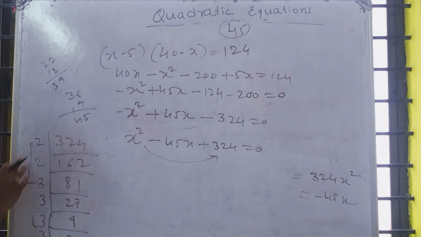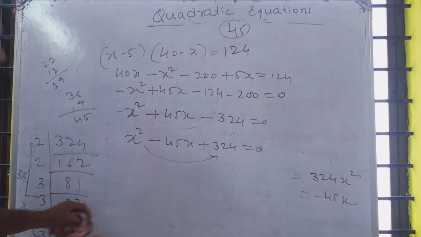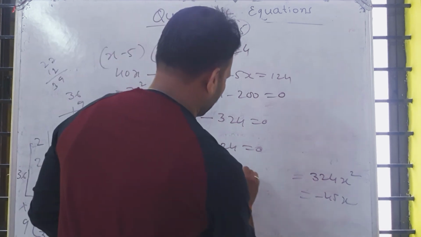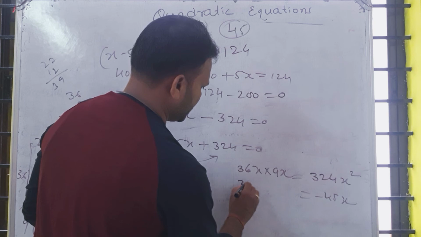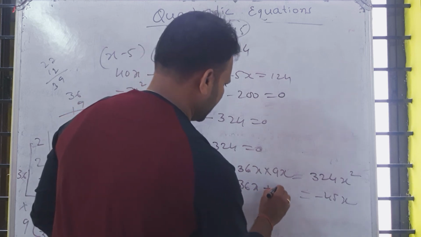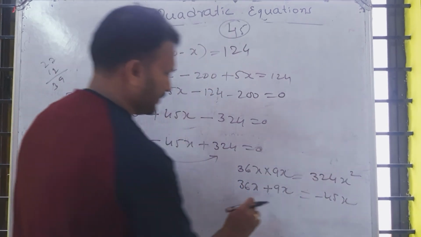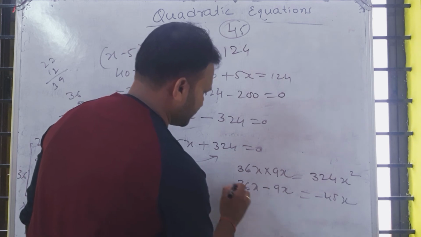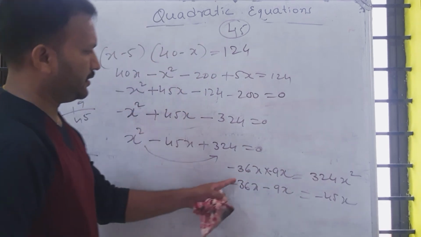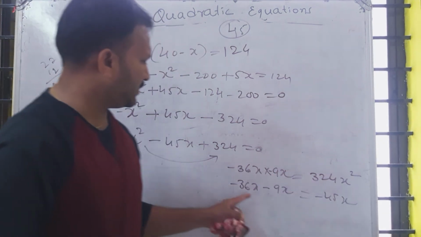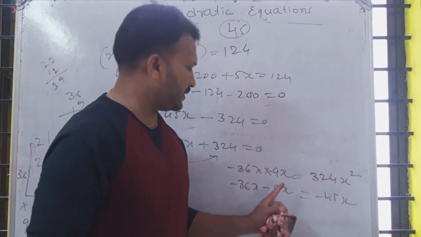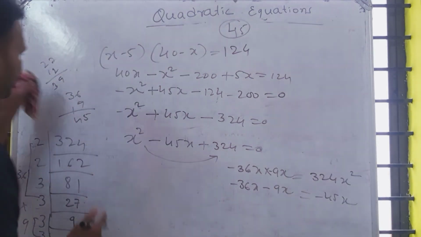So 12 3s are 36, into 3 3s are 9: 36 into 9. So 36x into 9x, and 36x plus 9x will give 45. Now on both sides we take the negative sign, so that minus into minus is plus: 36 into 9 is 324, and minus 36x and minus 9x will give minus 45x.